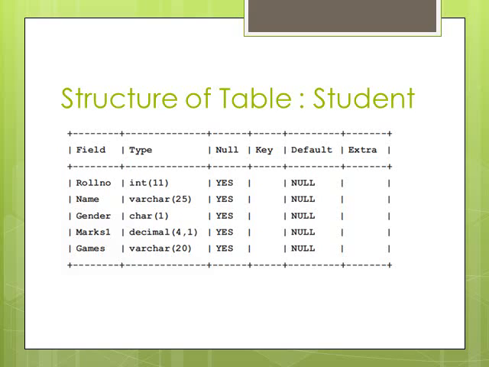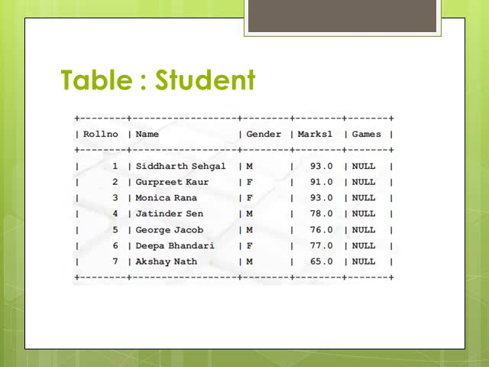Marks is decimal 4,1, which means after the decimal point it can have one digit, and in total, including the decimal, it can have 4 digits. Games is varchar 20, and by default all these fields have the value null. Let us see the table student.